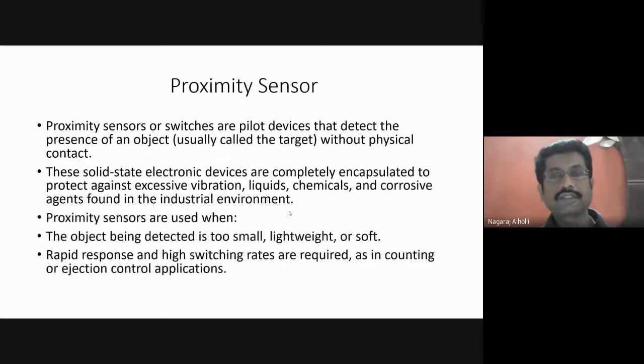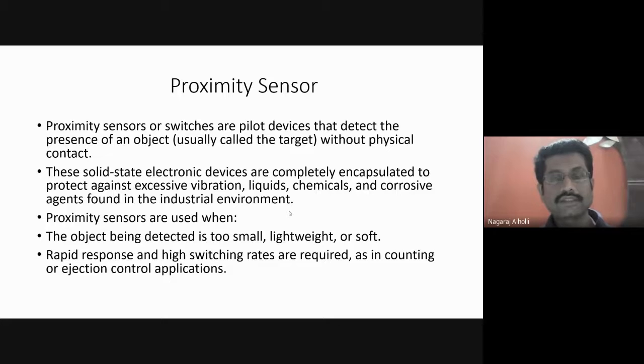The first type of sensor that we are going to study is the proximity sensor. As I told in one of the classes, proximity means nearness, the distance. The distance between the target object and the sensor, that is nothing but the proximity.